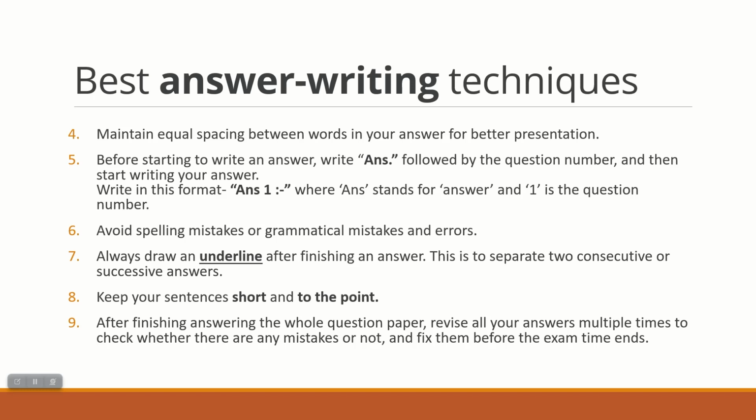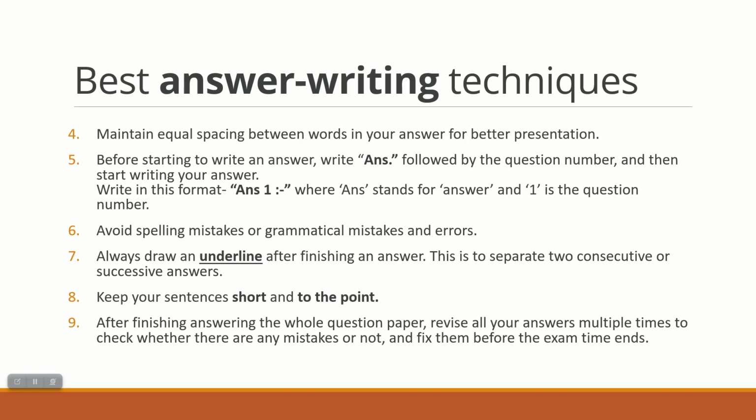Now moving on to point number 7, always draw an underline after finishing an answer. Suppose there is an answer to question number 2 followed by the answer to question number 3. You need to make those two blocks separate. So there needs to be a marker so that someone understands that this belongs to a different question.